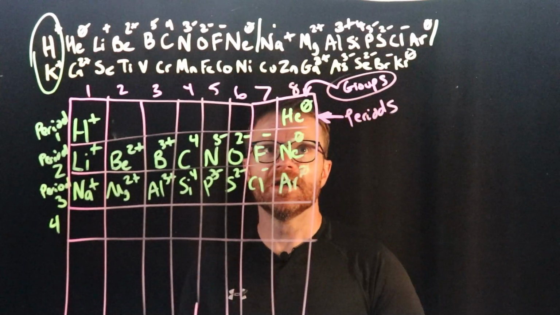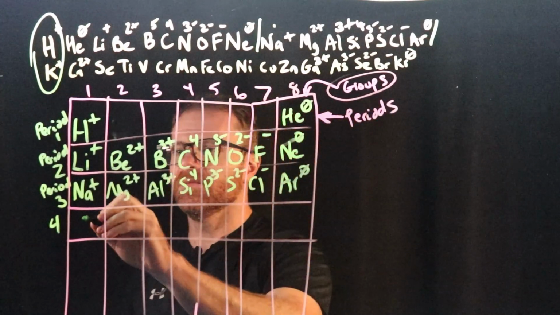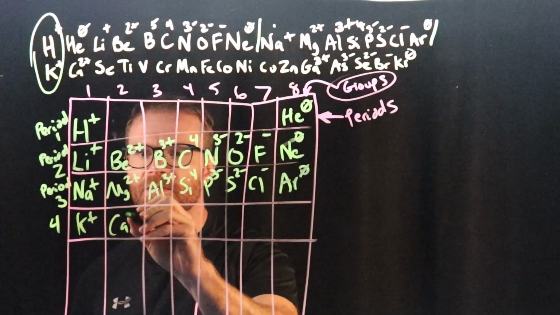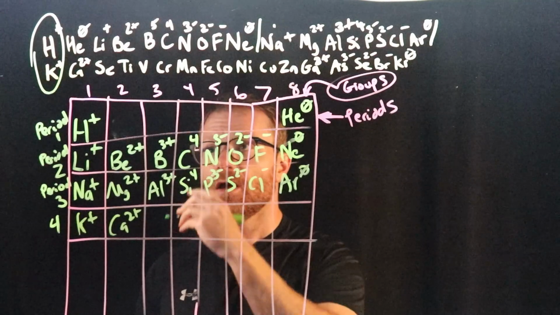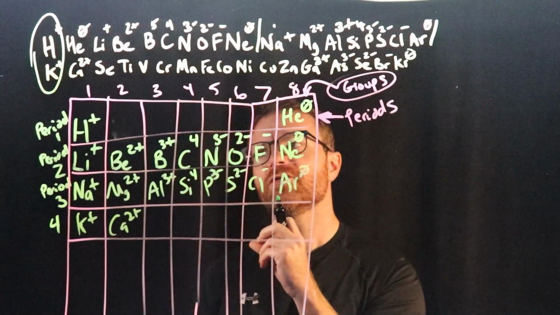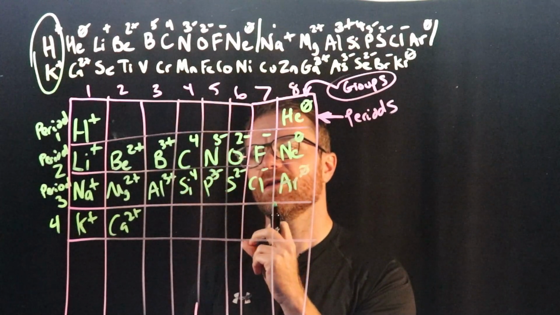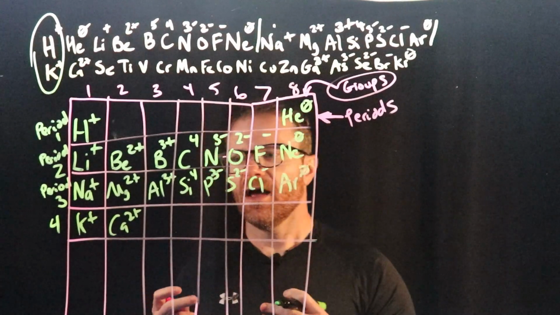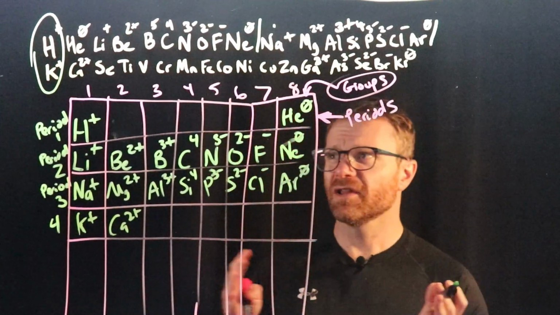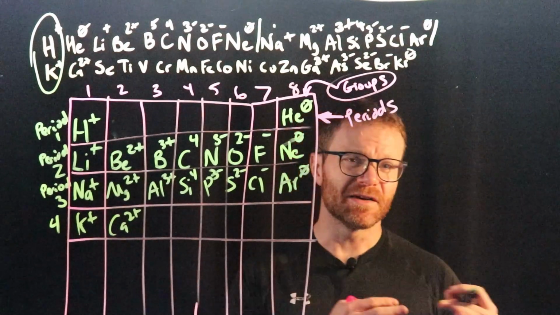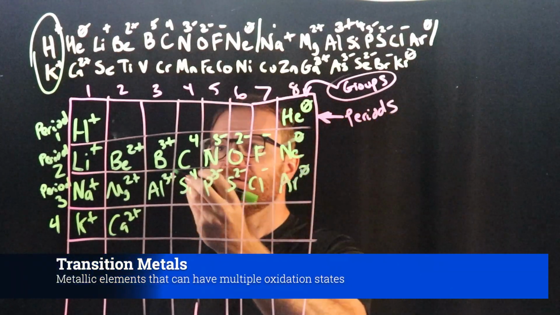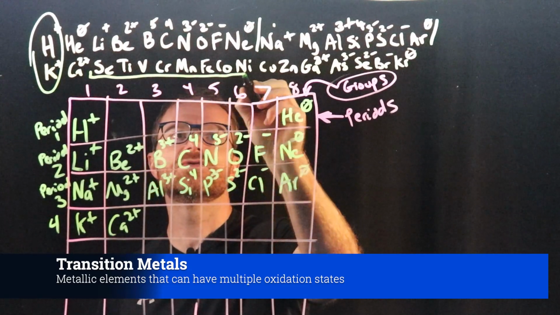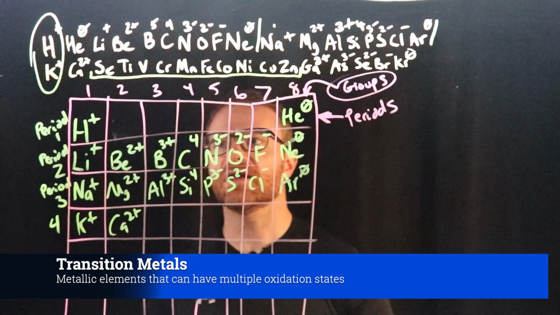Okay, let's keep moving. So potassium, as I said earlier, has a charge of +1. Calcium, +2, perfect. Oh, interesting. Okay, now that I'm down to scandium, scandium actually doesn't form a reliable charge like 1 or 2. It can be different things at different times. And in fact, that's true of all of these elements here, all the way through zinc.